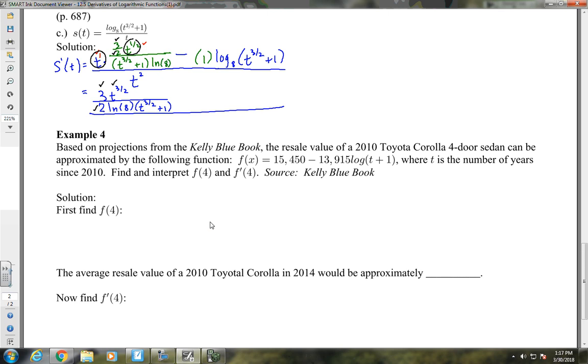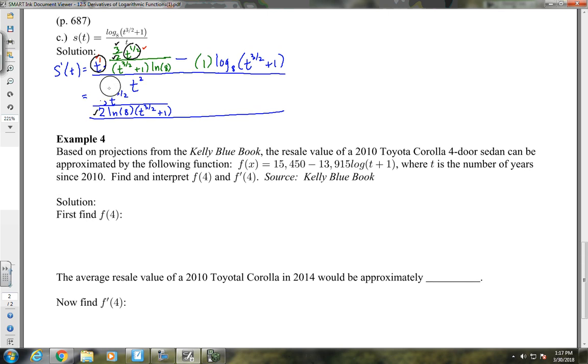And then we had the other two factors, natural log of 8 and t to the 3/2 plus 1. Okay, so we've got that term simplified. And the second term of my quotient rule is pretty good. I don't need to do a lot to that one. Just going to copy it down, and the denominator was good to go.